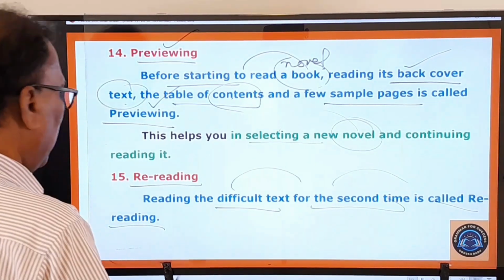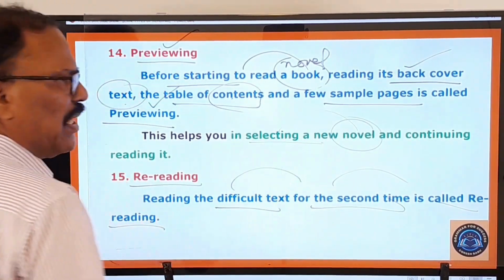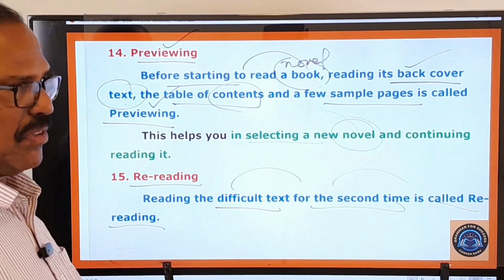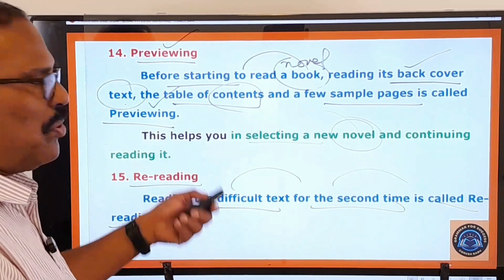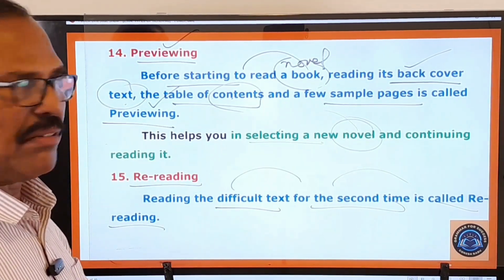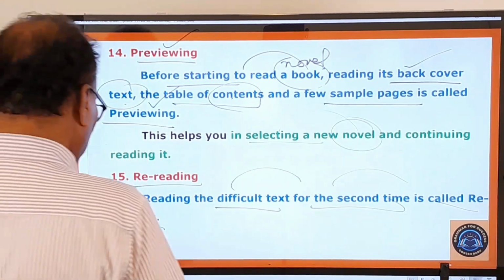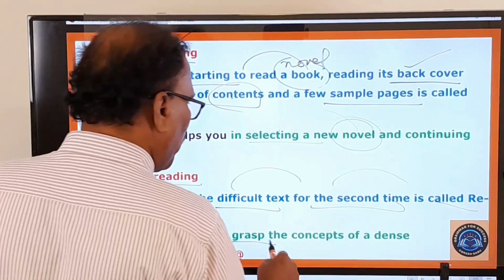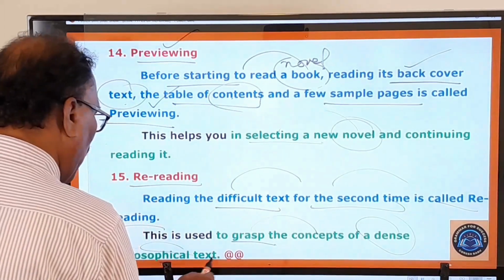So rereading, reading the difficult text, not only the difficult text, anything, poem or any important text. If it is difficult, you go for the second time reading, right? That is called rereading. And this is used to grasp the concepts of a dense philosophical text.